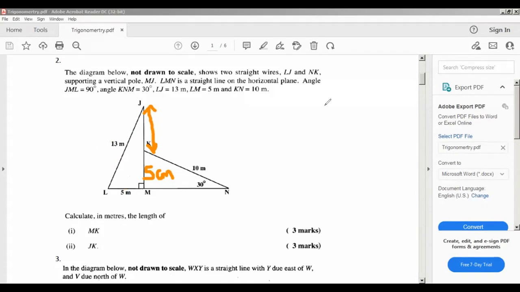Okay. Any ideas of how to find JK? Pythagoras, sir.